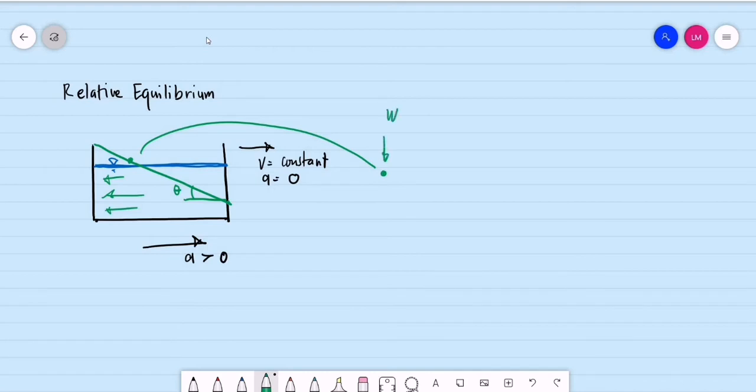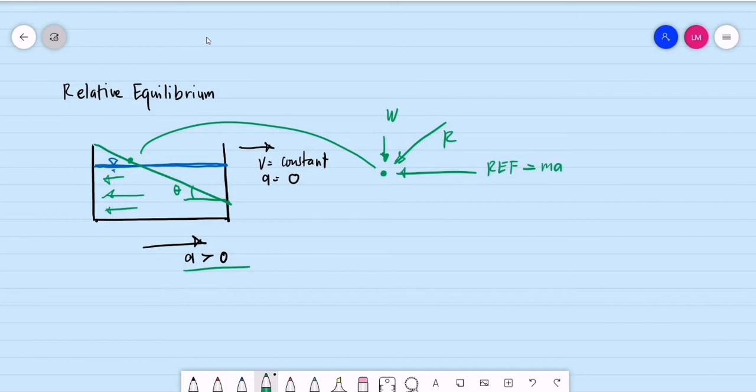And if it is accelerating or affected by acceleration, it is acted on by the REF. This is the reverse effective force or the inertial force. Based on Newton's second law of motion, this is the mass times acceleration. Then these two forces will be having their corresponding resultant.